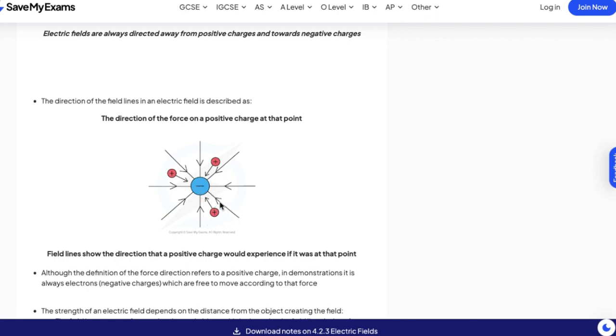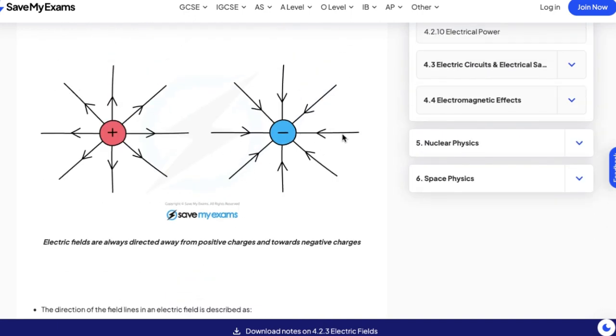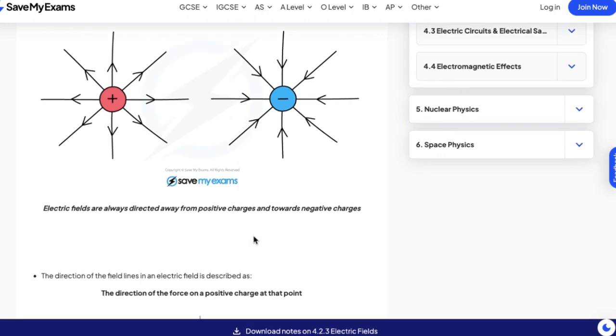We can put a small plus here, saying they're coming from the positive. If they are going away from positive, they are going towards the negative. That's the direction.